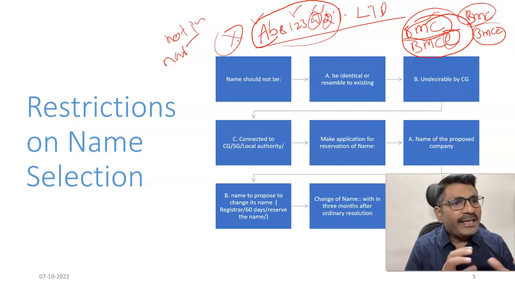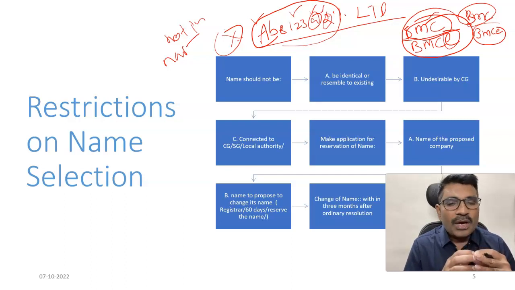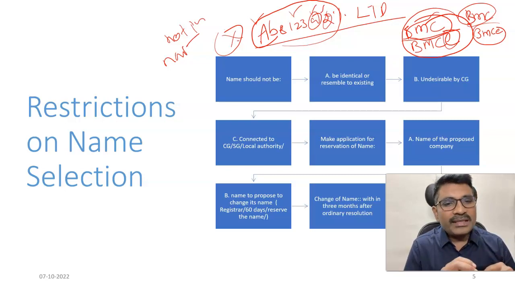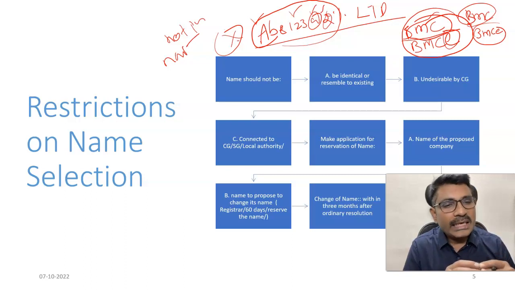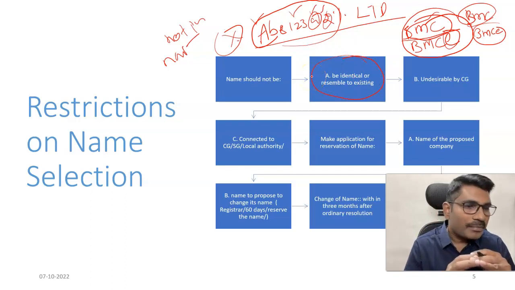So it falls under identical names. When you are pronouncing the company name, it is not possible to differentiate what the product is in the market. When you go to the market, some companies will have similar, identical names, where either the investor or the consumer gets confused and gets trapped into fraudulent transactions. So therefore, one of the prohibitions is that a name should not be identical to or resemble an existing name.